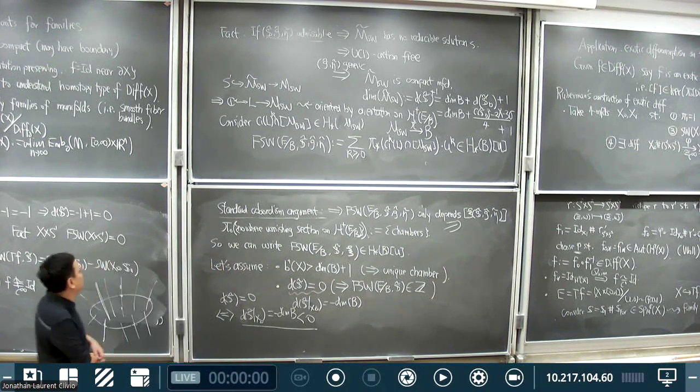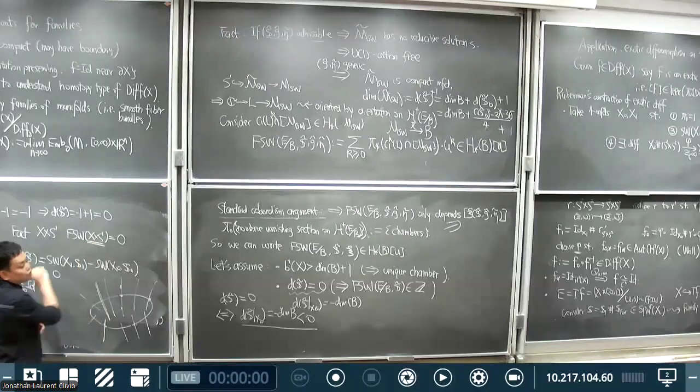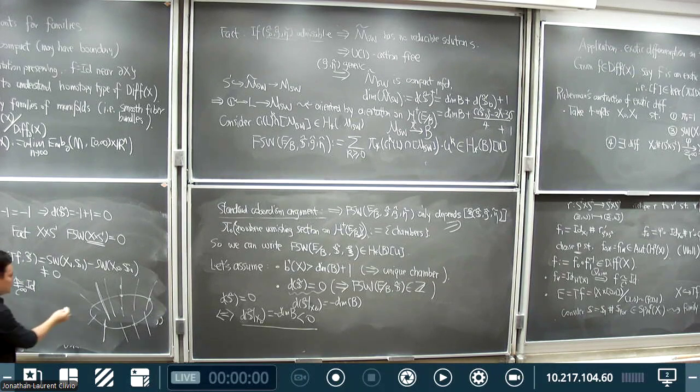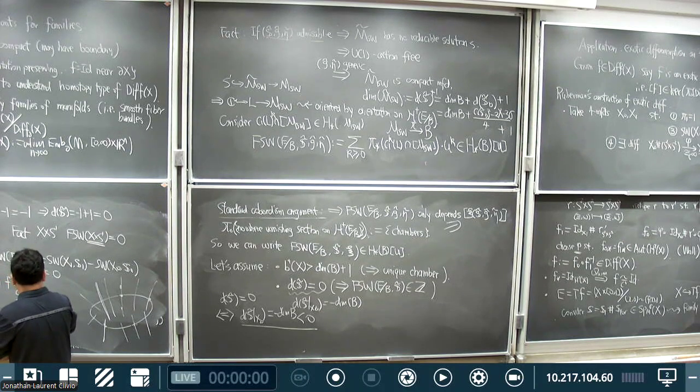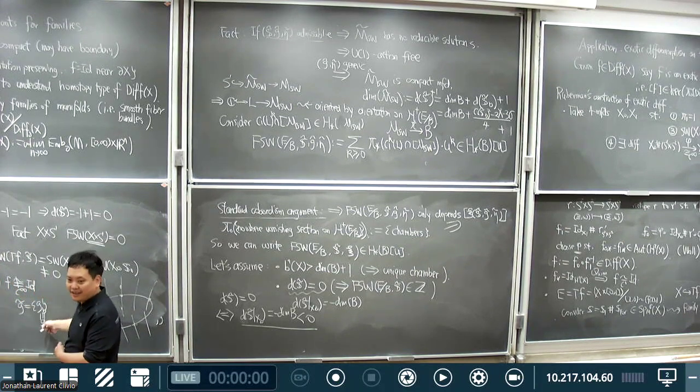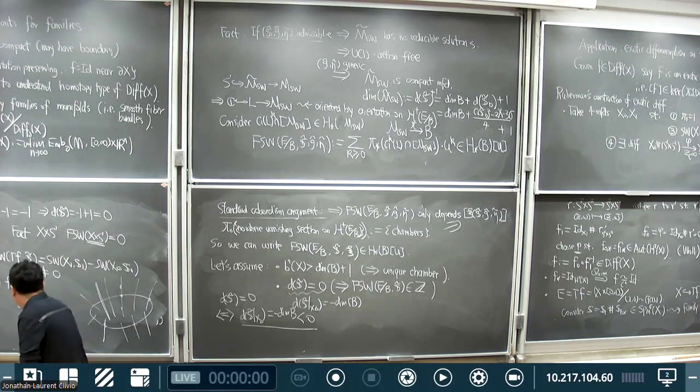And this also tells us that if we are taking the trivial bundle, the family Seiberg-Witten invariant is 0. Because in this case, we can just take the constant family of metrics and the constant family of perturbations.